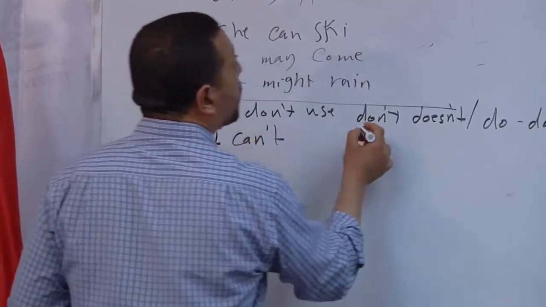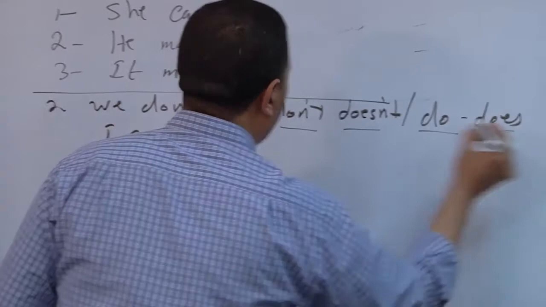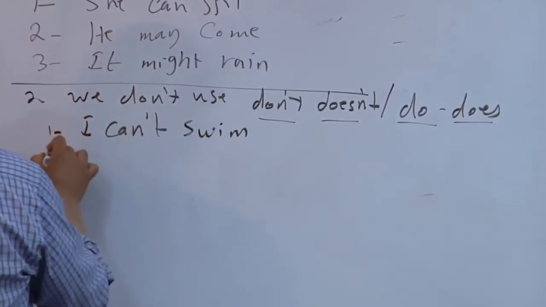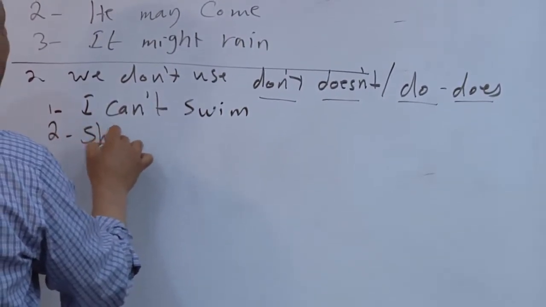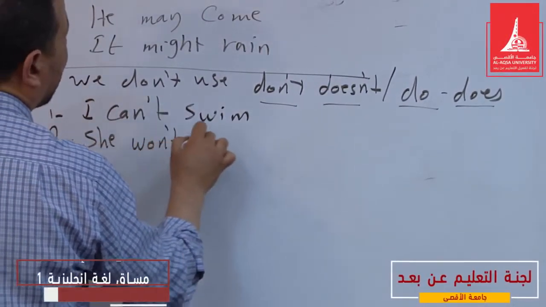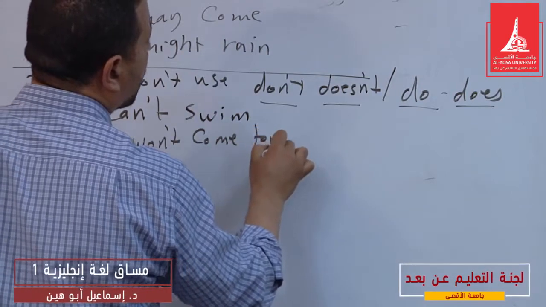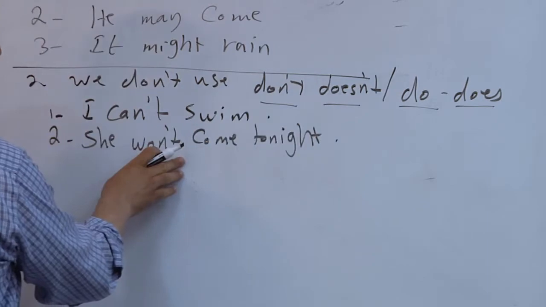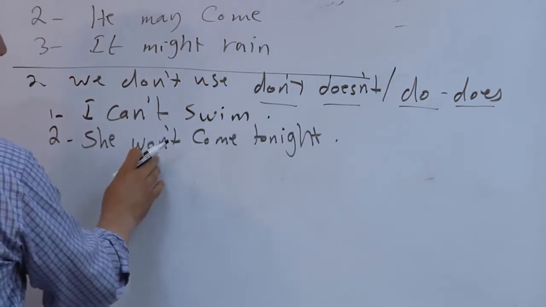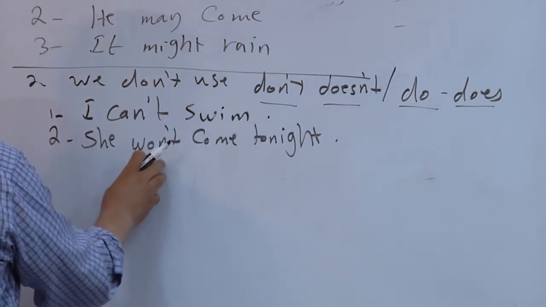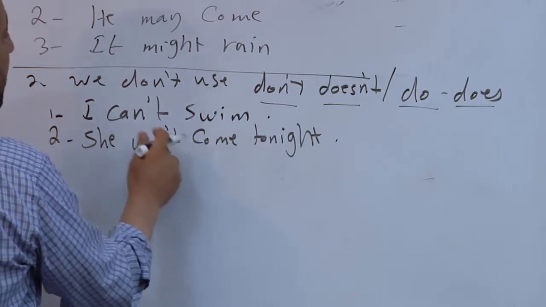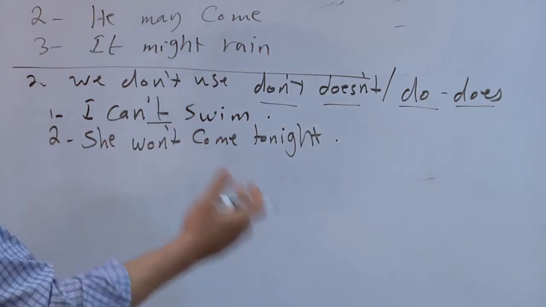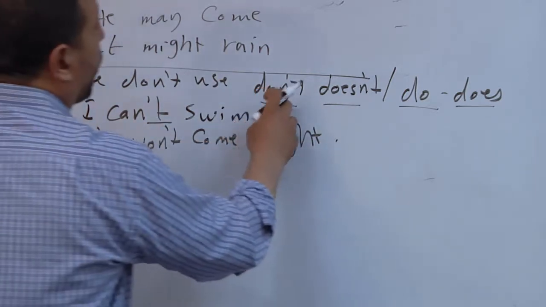I can't swim. She won't come tonight. If we have a look here, we can notice that won't is the short form of will not. So in the negative, we just add not after the modal verb. We cannot use don't, doesn't.